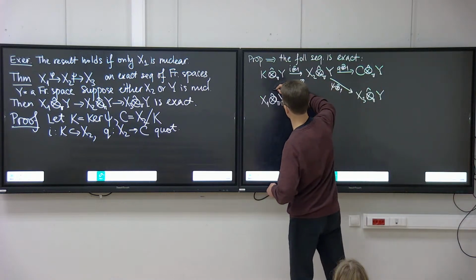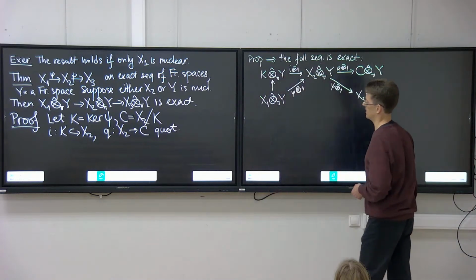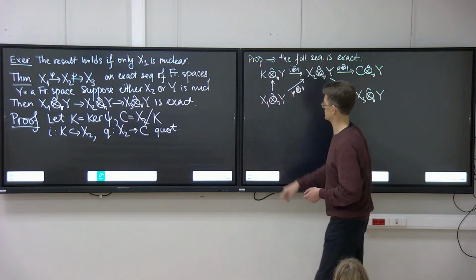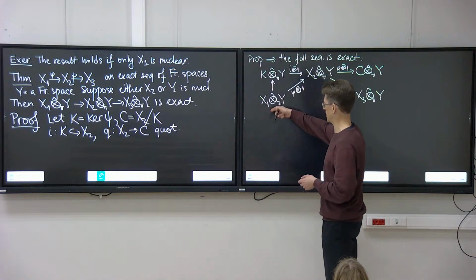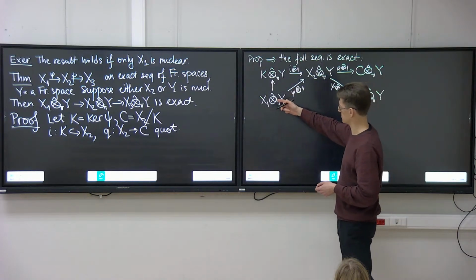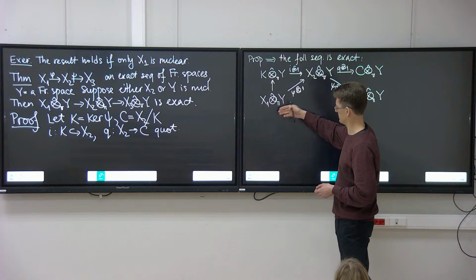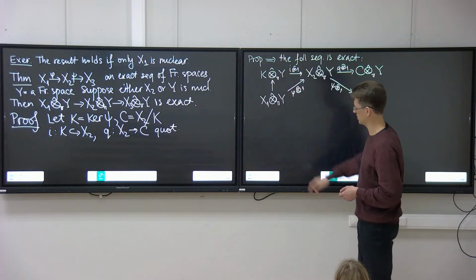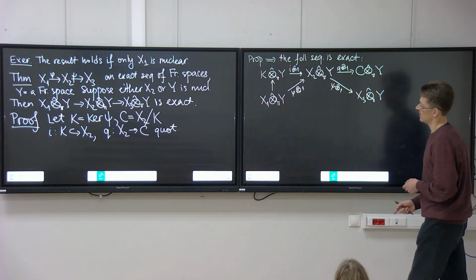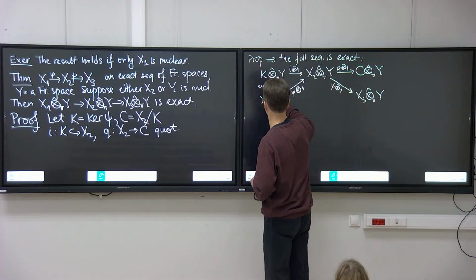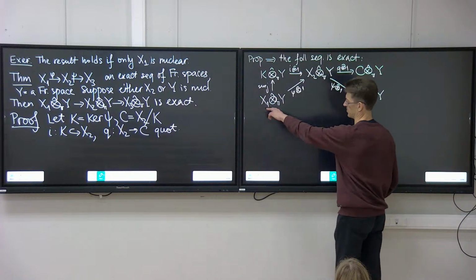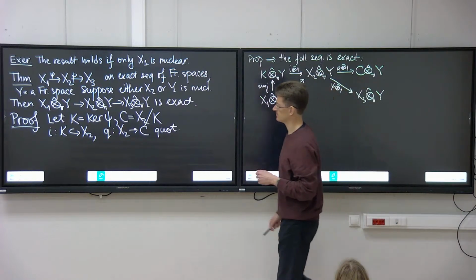Well, we have a map from here to here. So since K is the kernel of psi, we see that phi takes x1 to K, and we consider the tensor product of this map with Y. And we observe that this arrow is surjective because the map from x1 to K is surjective.